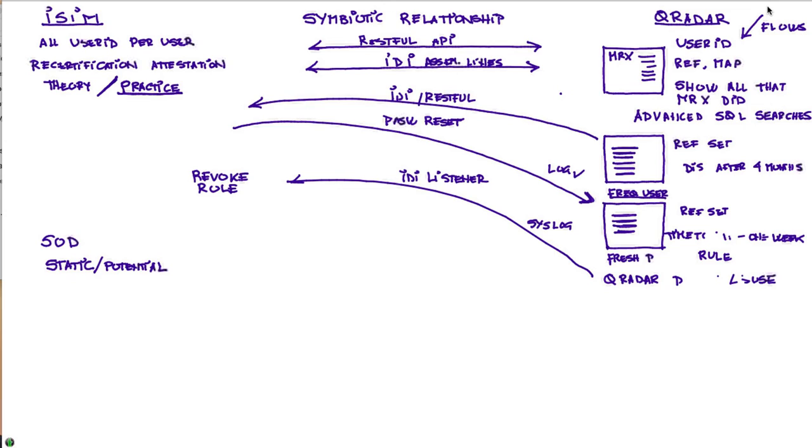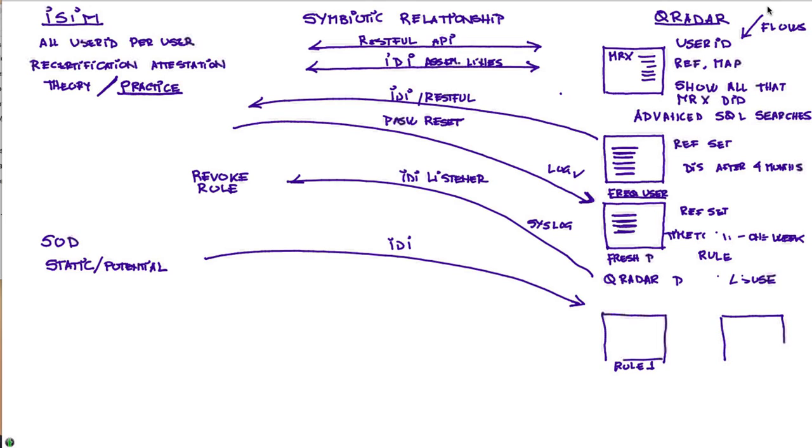So the idea is to actually catch when a particular user does that. First, via IDI and the RESTful API, you create two reference sets. There are many ways of doing this, but one can be that you create two or more reference sets in QRadar, for example, one has role 1 and another role 2, and whoever has the potential to execute an SOD gets into this list.